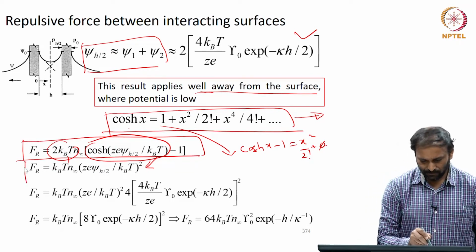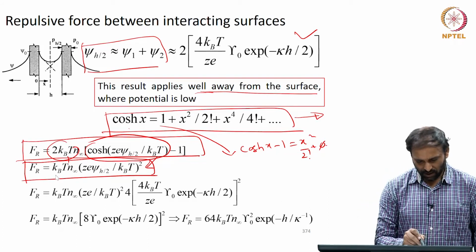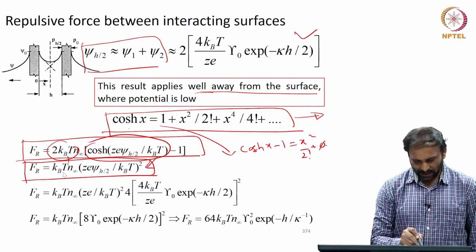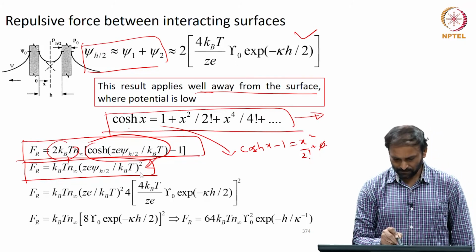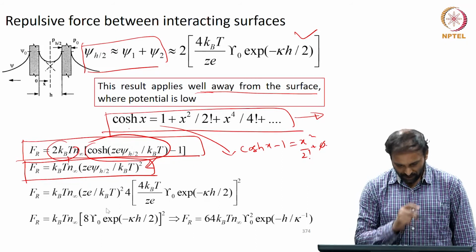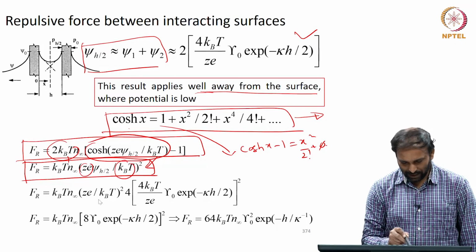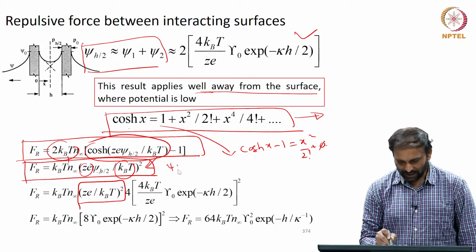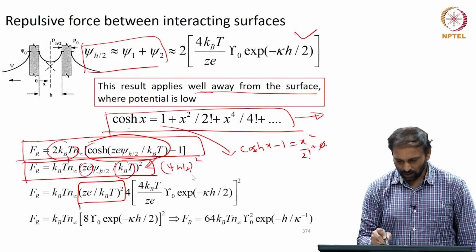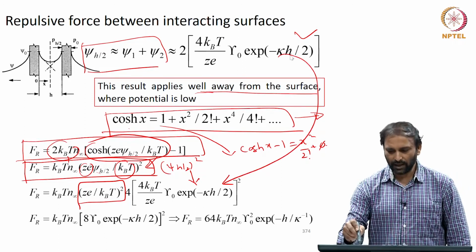So, Fr, which is the force of repulsion, goes as kBT times n infinity times Z e psi at h by 2 divided by kBT whole square. I can take Z e divided by kBT outside, and I have psi at h by 2 square here. I can replace psi at h by 2 with this expression.